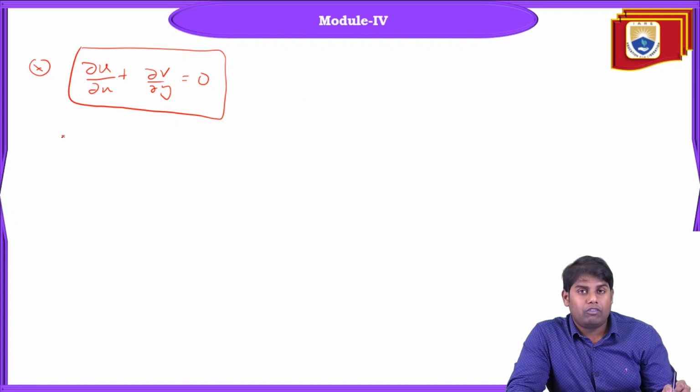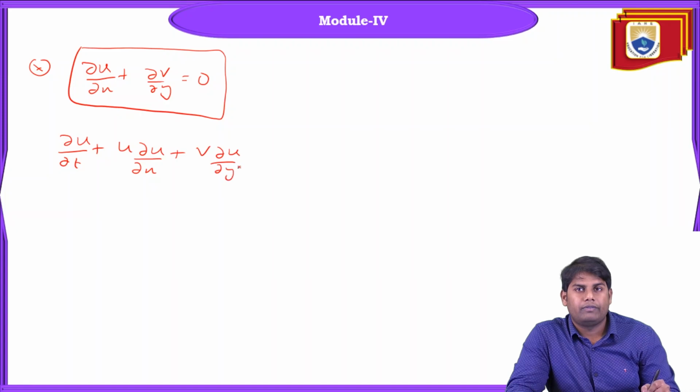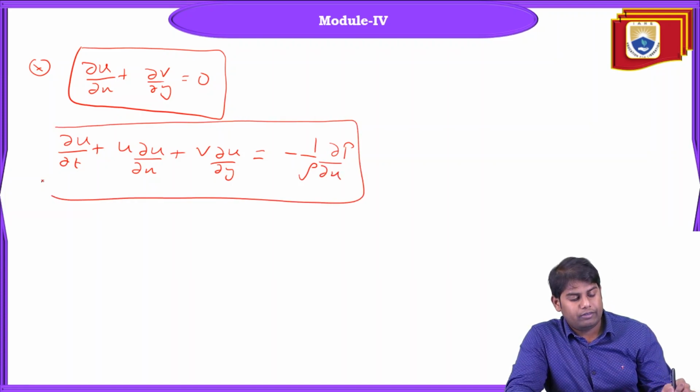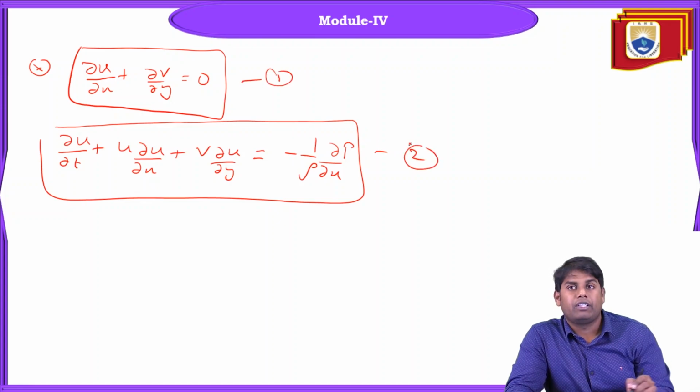So the momentum equation would be ∂u/∂t + u ∂u/∂x + v ∂u/∂y = -(1/ρ) ∂p/∂x. So this is the second equation. First equation, second equation.